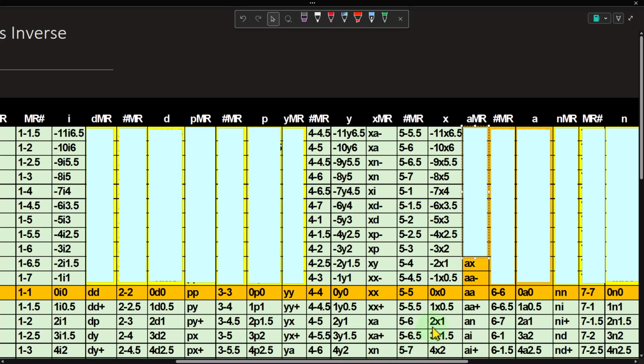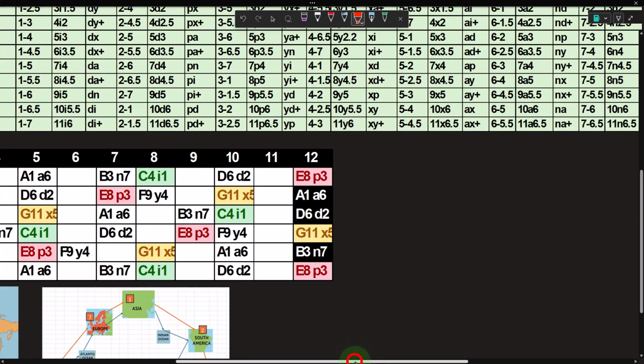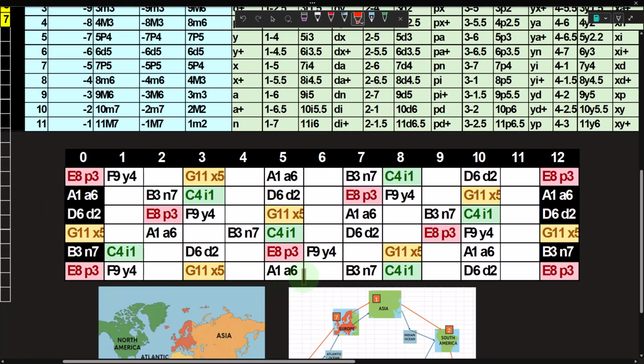So negative 2 notes back is going to be in a modal range. And here's the distance. Let me get back into my thought process here. So how are we going to do this? We're going to say this is going to be the Aeolian, which is going to be, let's choose this one. And let's say we're going to go back 2. So if we go back 2, we get to here.